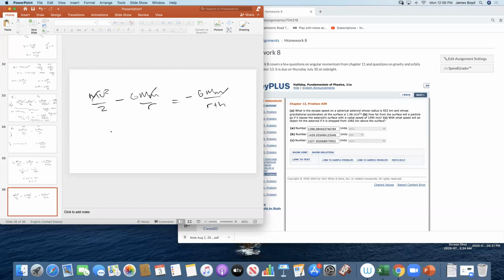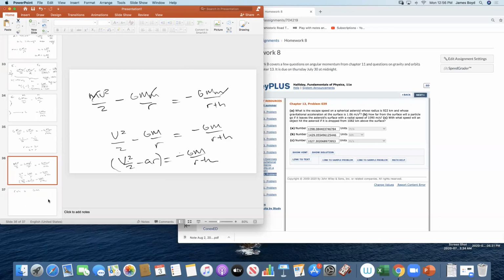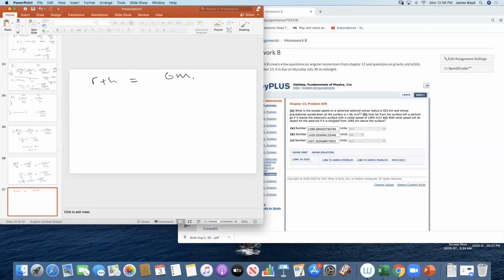mv squared over 2 minus GMm over R is equal to minus GMm over R plus H. All these m's cancel. I get v squared over 2 minus GM over R is equal to minus GM over R plus H. This is a times R. This is minus GM over R plus H. And therefore, I get that R plus H is equal to GM over v squared over 2 plus aR, with the minus sign.